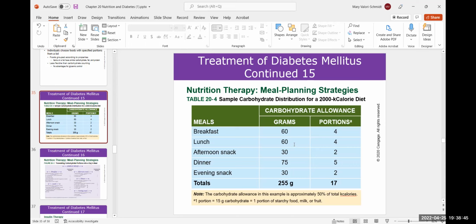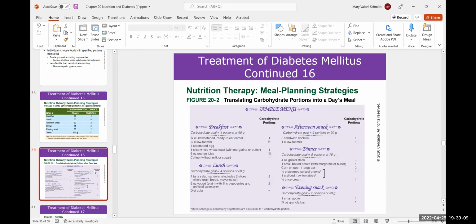At breakfast, at lunch. They should have a snack, dinner, and then another snack. So do you see how it's 1, 2, 3, 4, 5? It really should be 6. Basically smaller meals in a day. So this way you're not having these roller coaster up and down, up and down. Blood sugar, you want it to be nice and steady and stable.